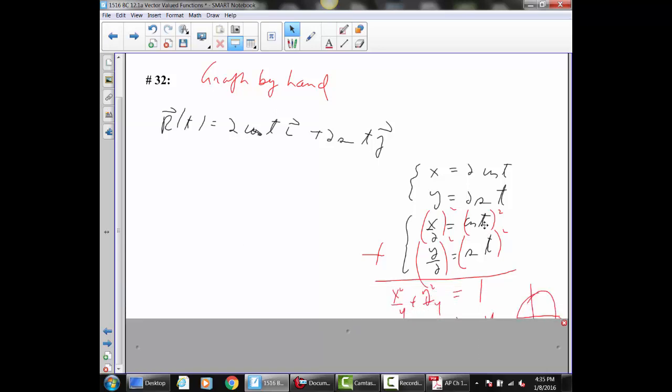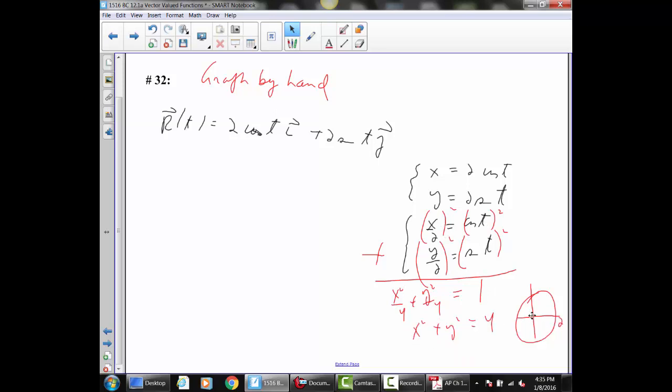So what happens is I end up with cos squared t plus sine squared t is 1. This gives me x squared over 4 plus y squared over 4. Multiply both sides by 4. You've got your circle. Now the restrictions do hold, everything's fine because cosine t would always be between negative 1 and 1. So 2 cosine t would be between negative 2 and 2, which means x is between negative 2 and 2, which is exactly what's happening.